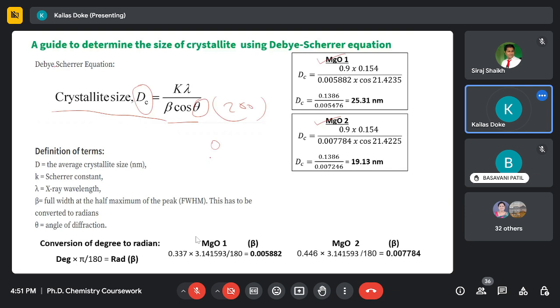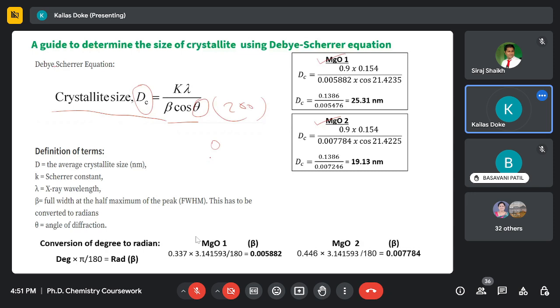So by putting these values, we convert the beta D values in degrees into beta radian for both samples of magnesium oxide. So here we got the radian beta values for the first sample and for the second sample.